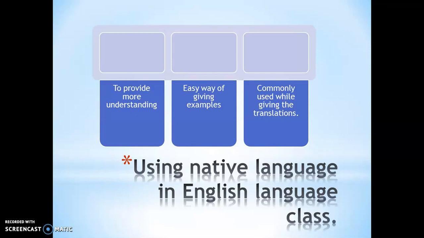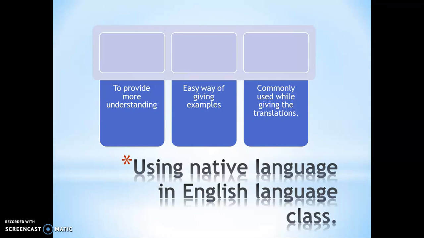To provide more understanding, sometimes as a teacher we also have to use the native language while giving examples. And when we compare our culture and American culture, we use the native language. The next part is an easy way of giving examples. As I told you, when we are comparing, we may use the native language, and then the learners easily compare it with English as well.